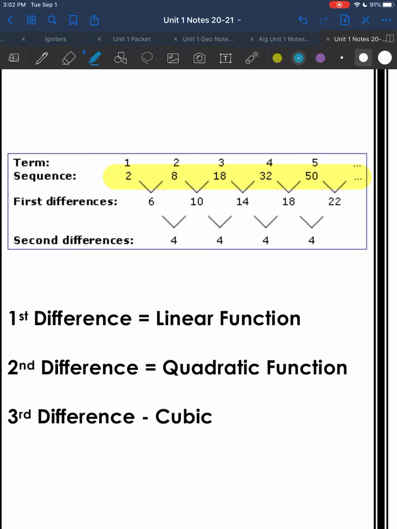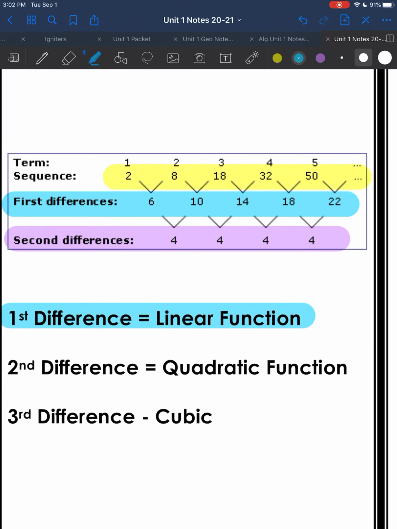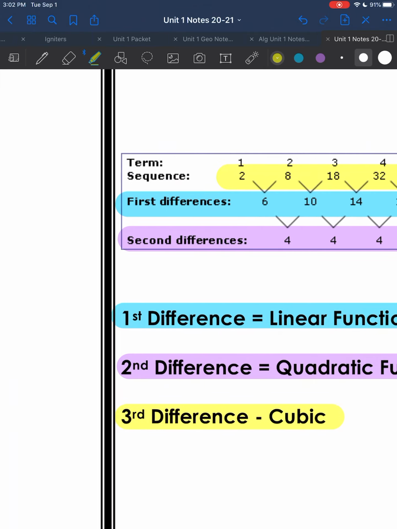So the first difference would be right here, and the second difference would be right here, okay? If those numbers are the same after the first difference, it is a linear function. If they're the same after the second difference, it's a quadratic, and if they're the same after the third difference, then it's a cubic, okay?